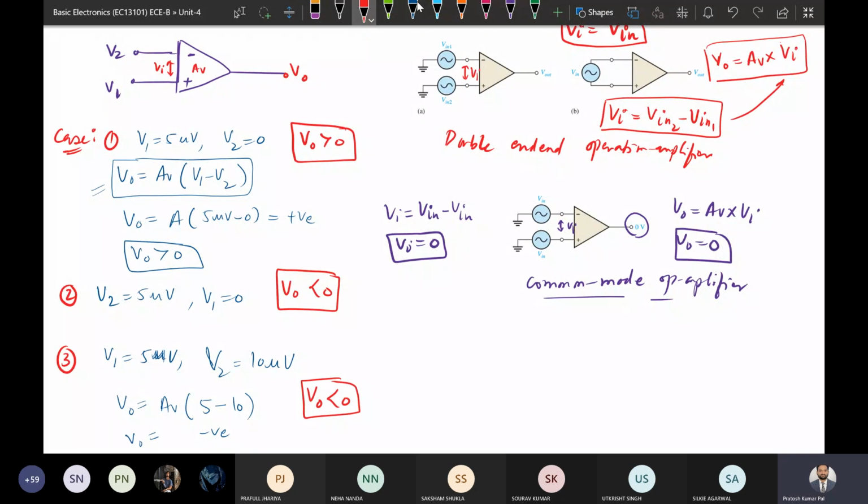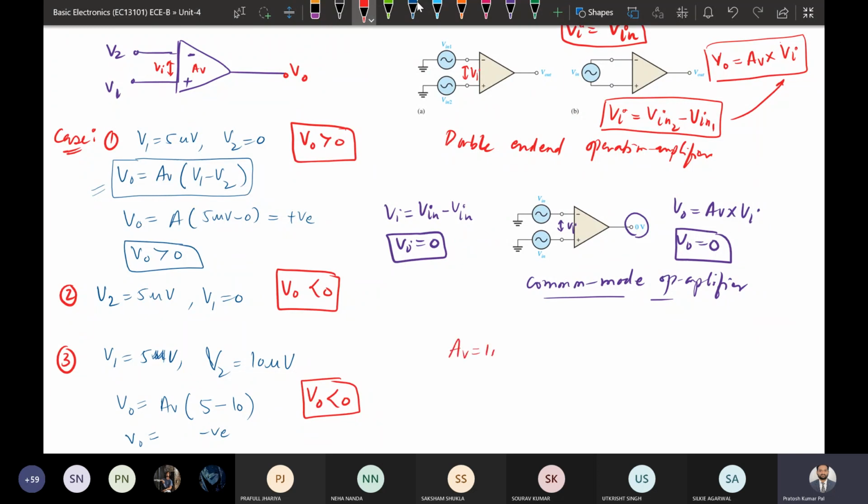Based on the input voltages, whatever V1 and V2 we have applied to different terminals, we decide the input voltage, and once we have decided the input voltage, we decide the output voltage. Output voltage will be either positive or negative. In a practical operational amplifier, the gain AV will be 10 to the power 6.